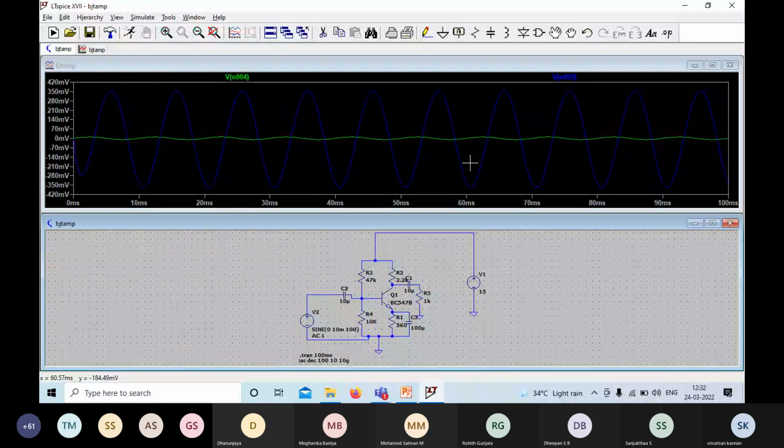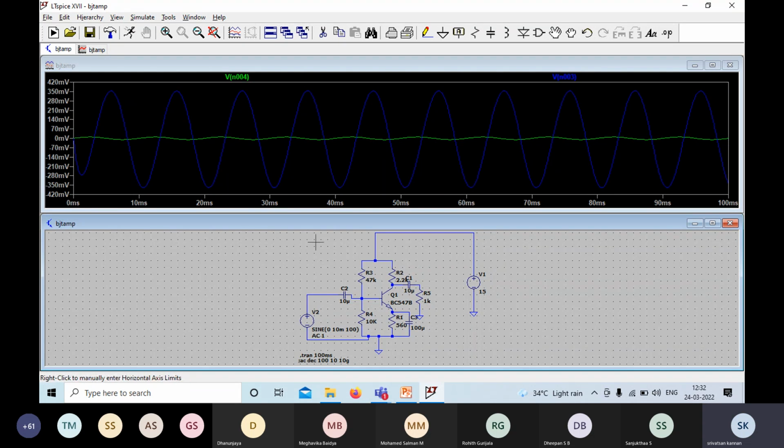Yes or no? Yes, sir. So this is the output waveform, and you can see the amplification. The input is actually 10 millivolt. The green curve indicates the input waveform and the blue one is the output waveform.